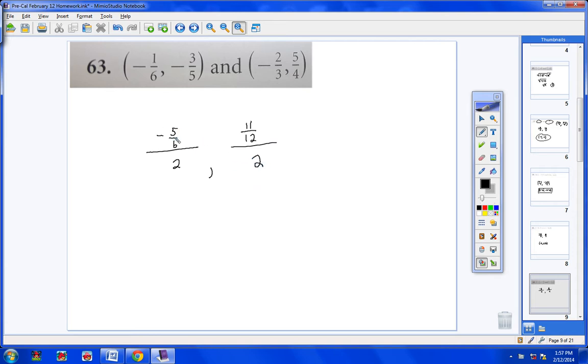And now, negative 5/6 divided by 2 would be the same thing as negative 5/12. And if you take 11/12 divided by 2, you will get 11, let's see.